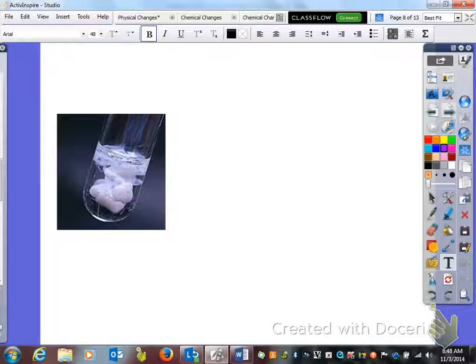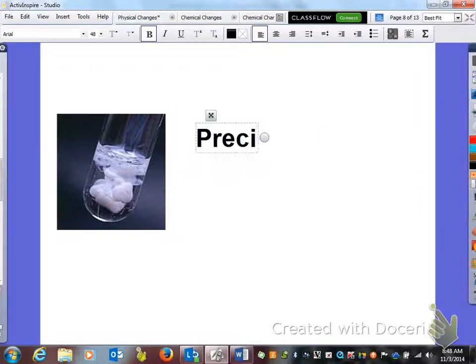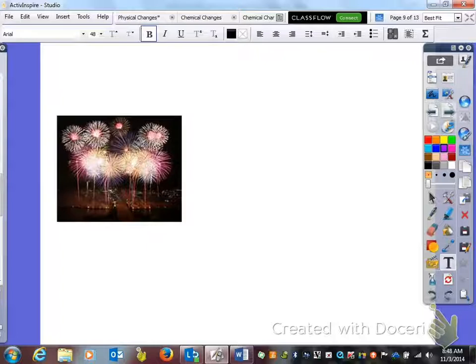Now this one is the really cool one that I told you about. This is the precipitate. You mixed two liquids together, this is the end result here, and then here you got your solid. Next one is fireworks, and looking back on the information that I gave you, I want you to tell me what the fireworks one is.